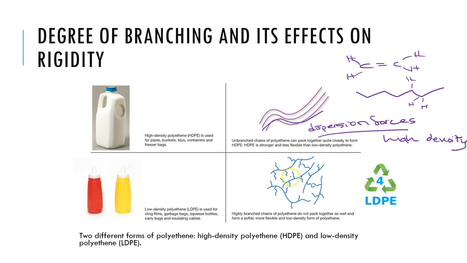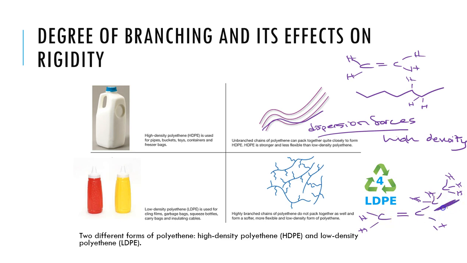Okay, if we start to add branches onto our monomer, so say we actually have something like this, what have we got here? We have 1, 2, 3, 4.